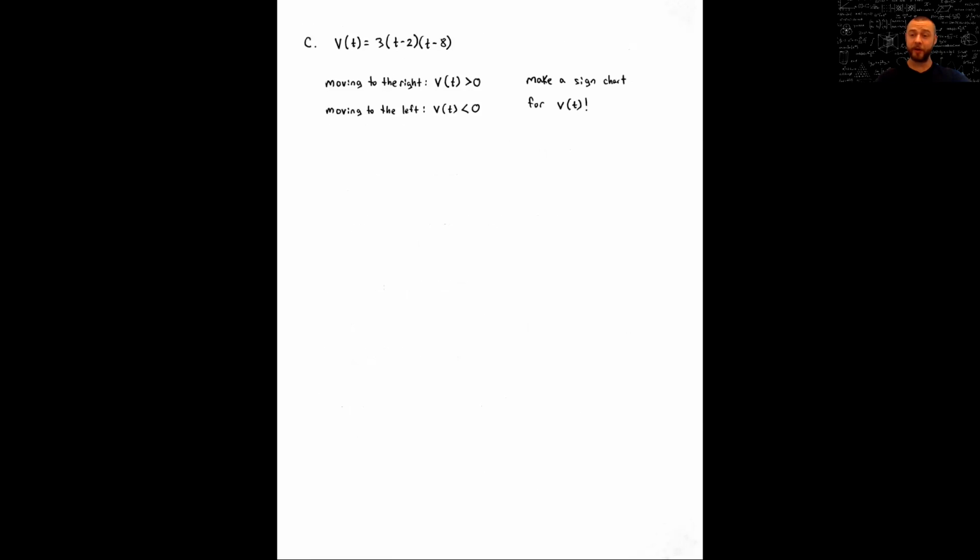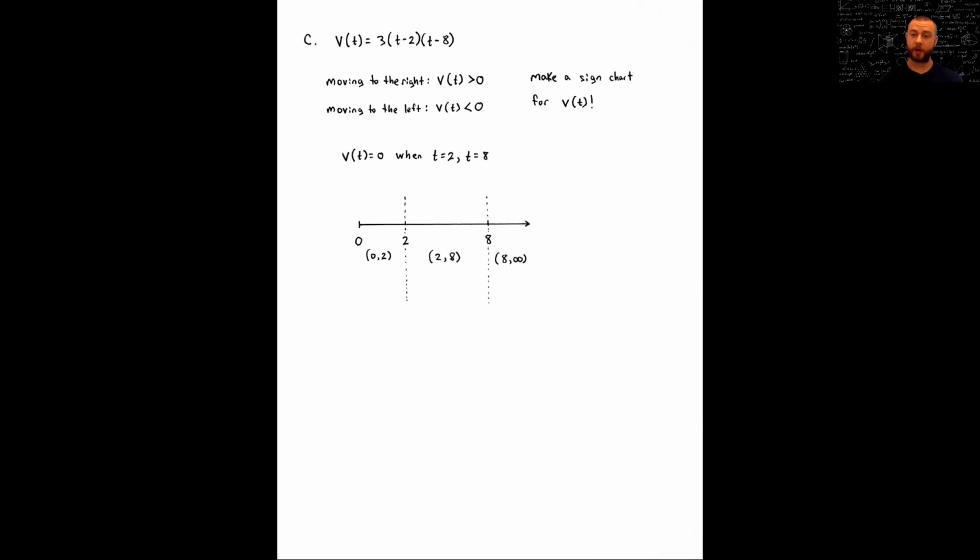We're going to answer those questions, all intervals or values for time when it's traveling to the right or left, by using a sign chart for the velocity. What we first use are the values of time for which the velocity equals 0. We found those within part B. Those were t equals 2 and t equals 8.